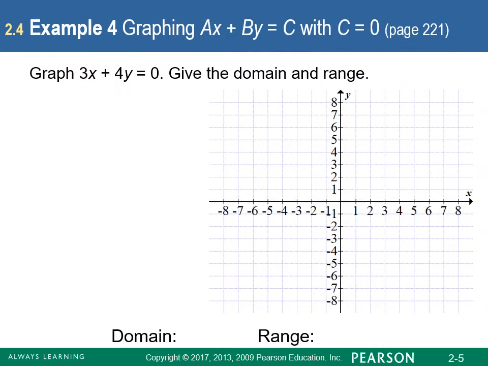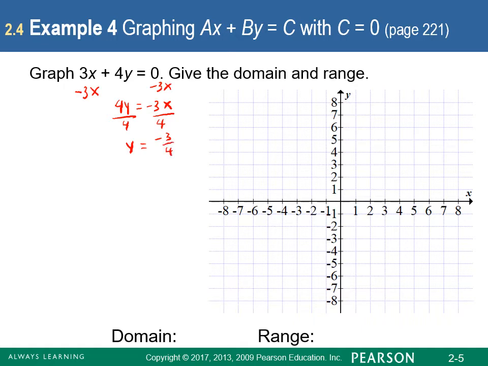To use our TI graphing calculator, our equation has to begin with a y equals. To make that happen, we need to solve for y in our equation. So if we begin by subtracting 3x from both sides, then dividing by 4, we get what we need.